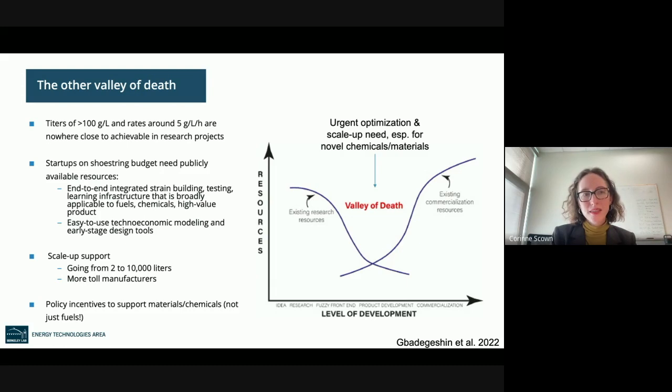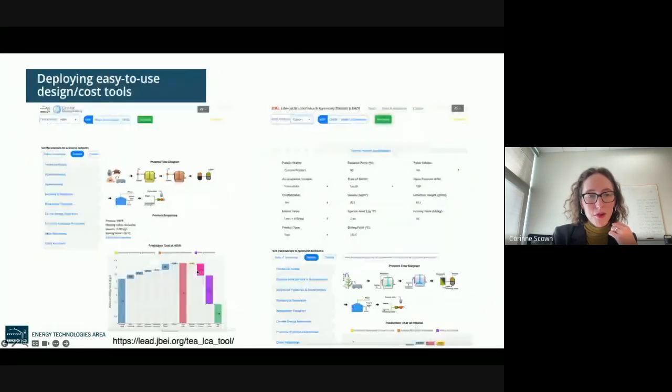You need to pay someone to scale up production of the thing that you're making. Especially important if the thing you're making is not a one-to-one replacement for something that's already on the market, right? So your customers want to test it and try converting to something else or try incorporating it into a product. So, yeah, I think through our systems analysis, we've definitely run into some of these more practical issues that seem to be coming up over and over again.